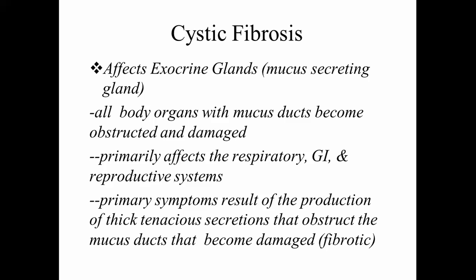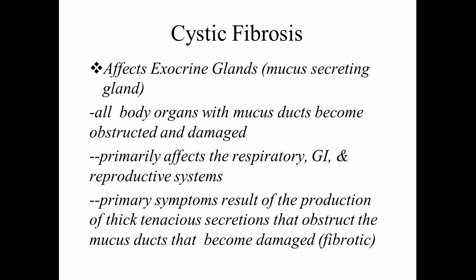So what happens is that there is a mechanical obstruction caused by an increased viscosity of the mucus gland secretion. So instead of forming a thin, free-flowing secretion, the mucus glands produce a very thick and tenacious secretion that accumulates and dilates the exocrine glands.